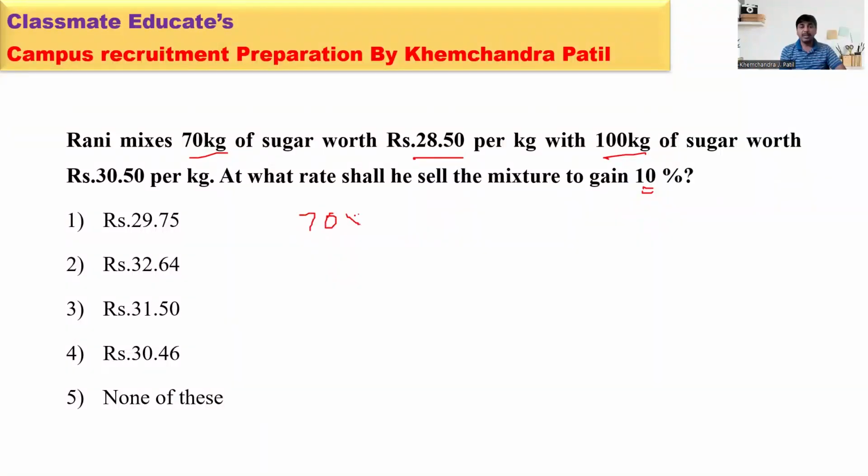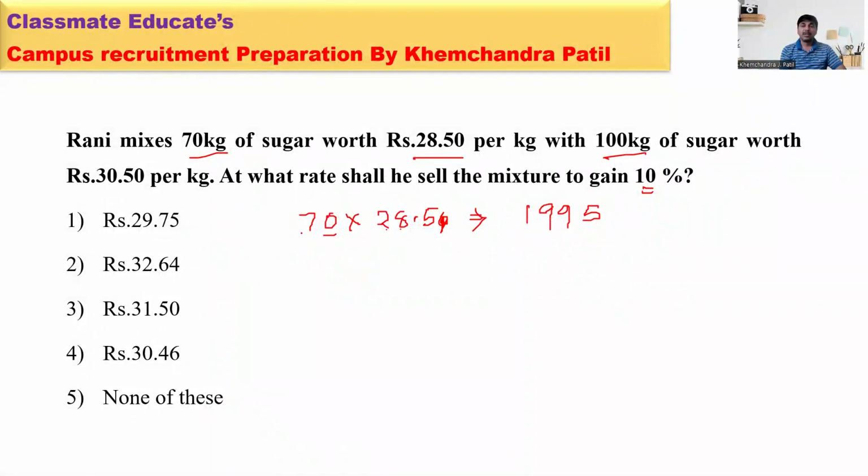So 70 multiplied by 2850. If you do this, you can ignore this zero. So just multiply, this zero and the decimal point will be eliminated. 7 5s are 35, carry 3. 7 8s are 56 plus 3, that is 59, and 7 2s are 14. 14 plus 5, that is 19.